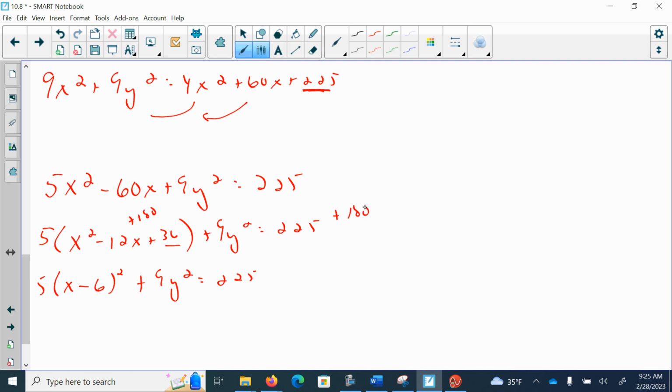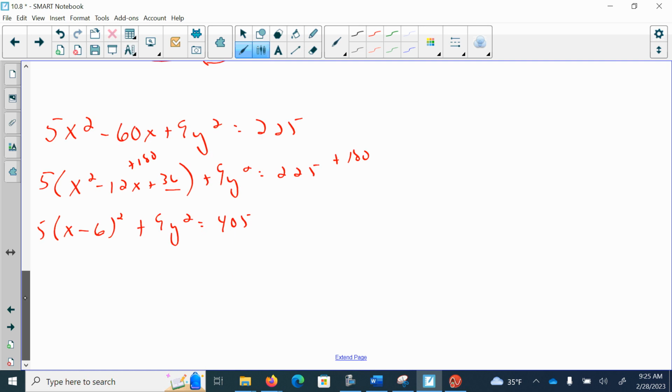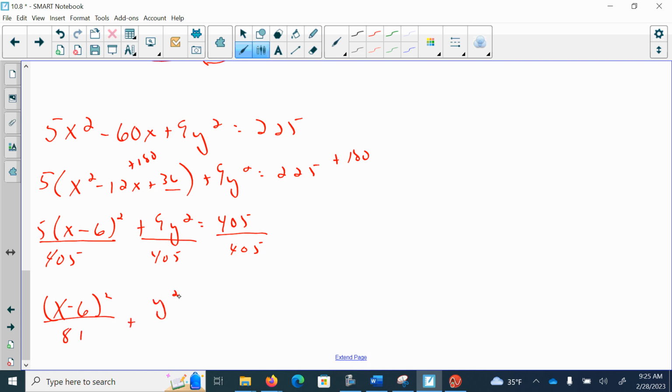So 225 plus 180 is going to be 405. For a conic, I want to set it equal to 1, so I'm going to divide both sides by 405. So I'm just showing that I'm dividing everything by 405. So I'm going to have x minus 6 squared over 81 plus y squared over 45 is equal to 1.